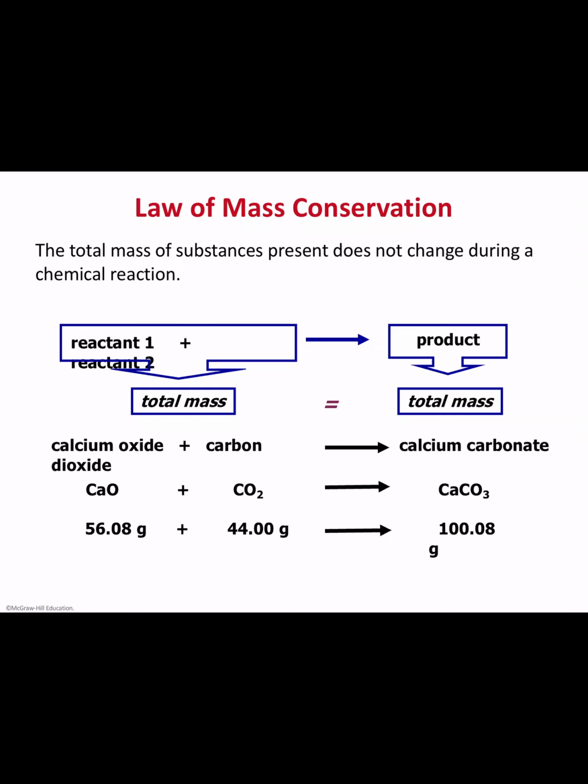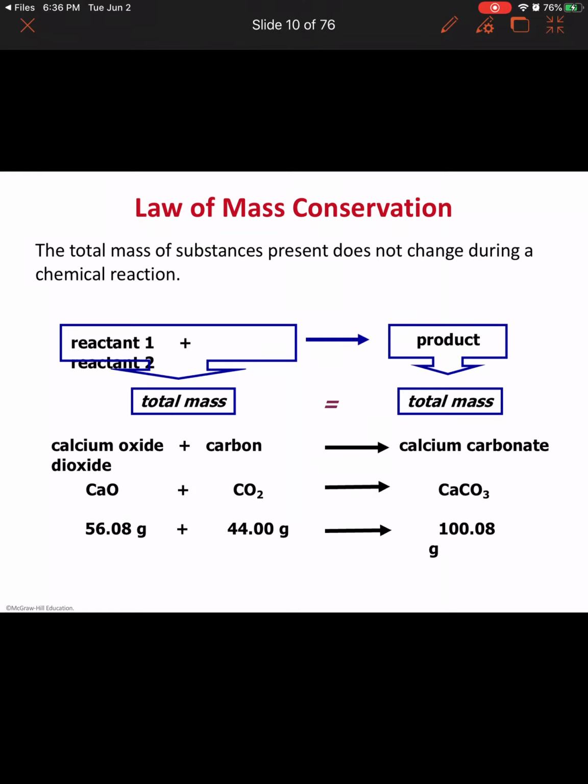Now you may be wondering, how do we get these masses? Basically, these masses come from your periodic table. If you take 1 mole of calcium oxide, what is the mass? Now, all of you can have your periodic table handy when you are studying these lectures.